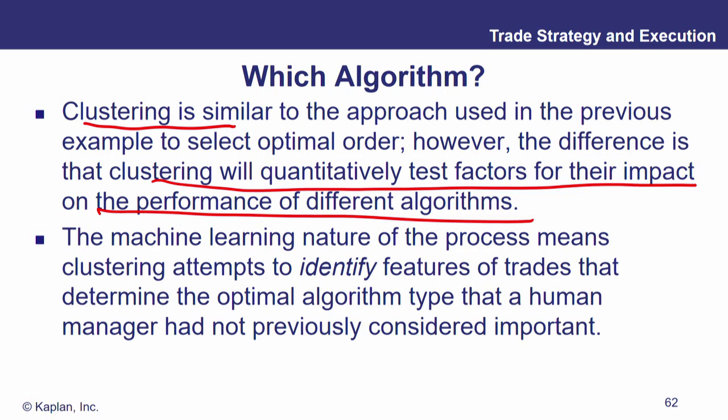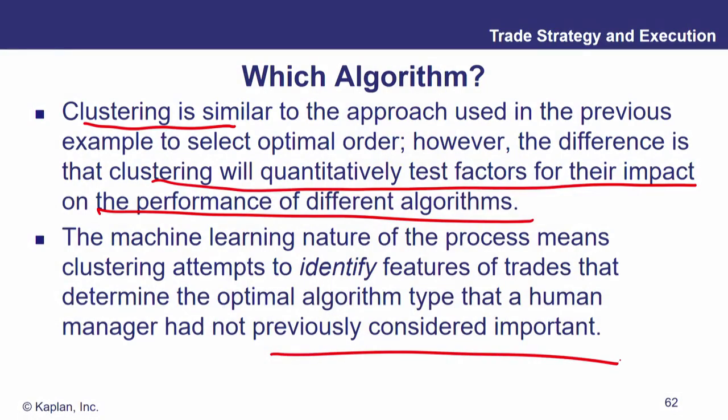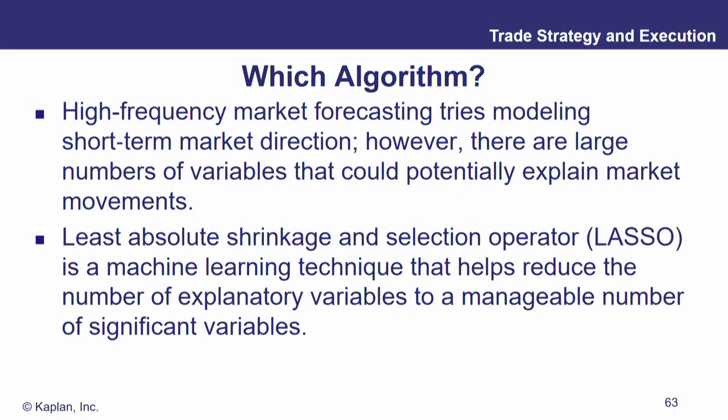So this machine learning nature of the process means clustering is trying to identify features of the trade and then determine the optimal algorithm. And a huge advantage of this, of course, is it probably can think a little bit faster than a human, and more importantly, it can do calculations faster than a human. And it may even help you figure out algorithms to use that you didn't even consider.